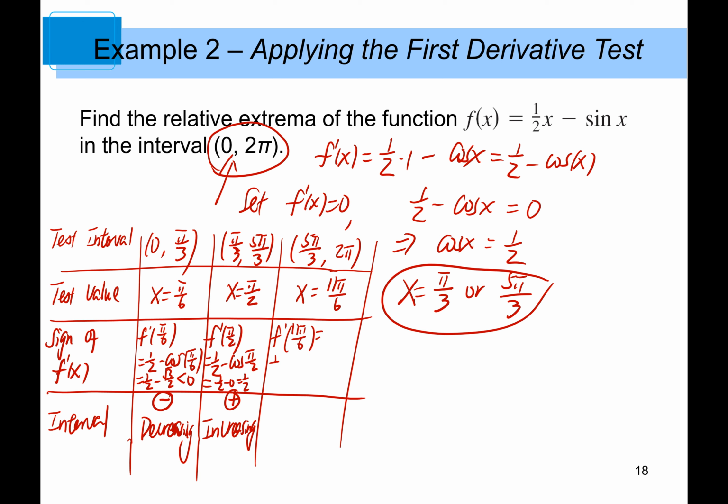So half minus cosine 11 pi over 6. And cosine in the fourth quadrant is positive. So it's going to be half minus radical 3 over 2, which is also negative, so this is a decreasing interval.